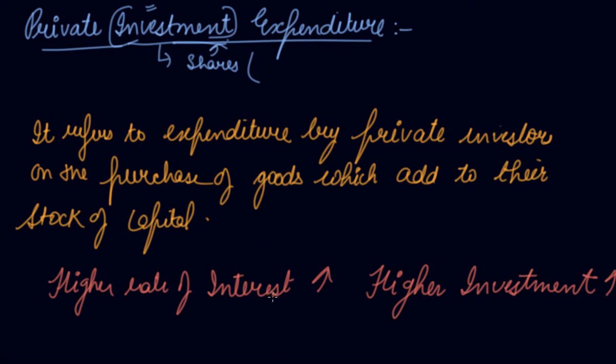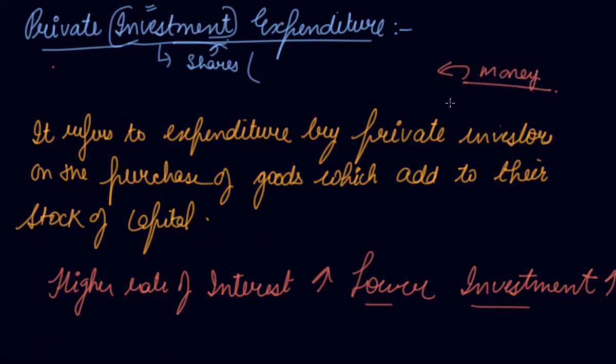Other things remaining constant, higher rate of interest causes lower investment, because if bank is giving you more interest, what you'll do, you'll save your money in the banks, which means you will not invest your money in order to buy the goods, that is your house or the shares, right?